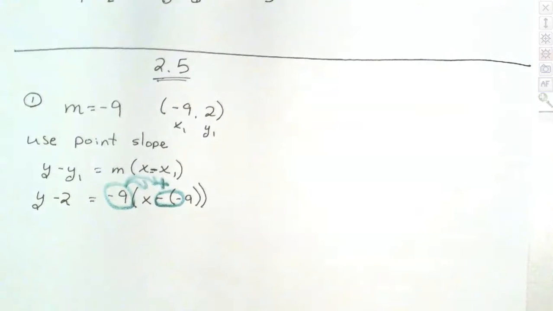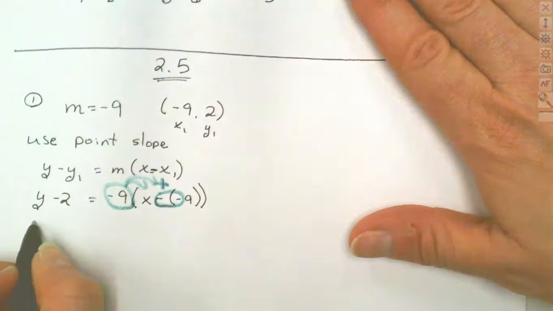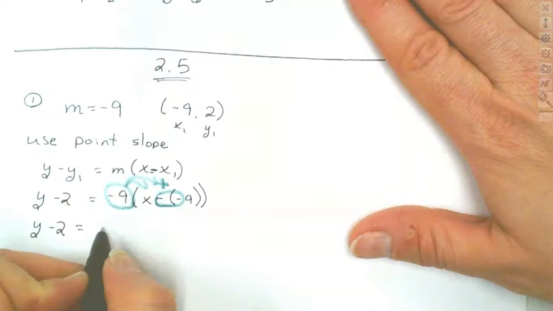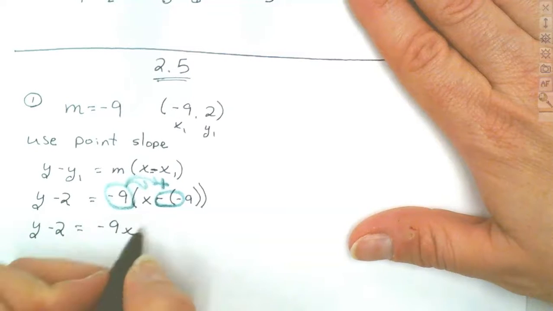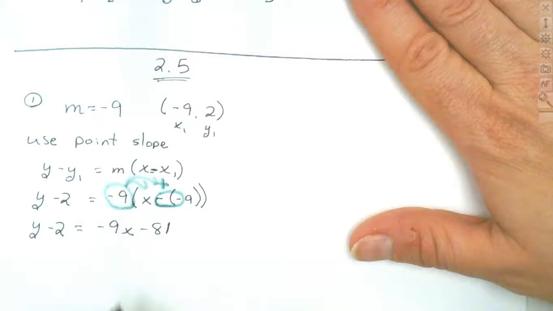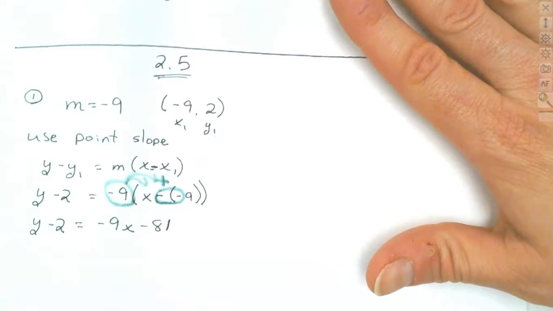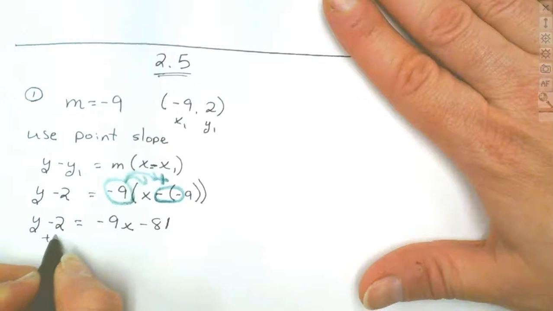We want it in slope-intercept form, so all we'll have to do is solve it for y. So that leaves me then with y minus 2 equals minus 9x, distributing through a minus 81. We can go ahead and solve this out by simply adding that 2 over.